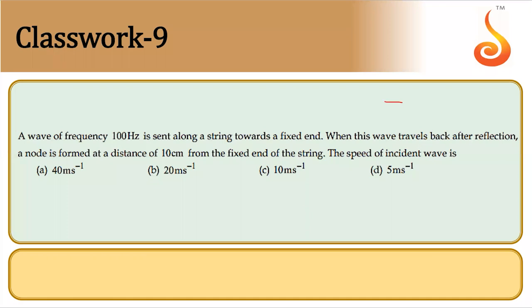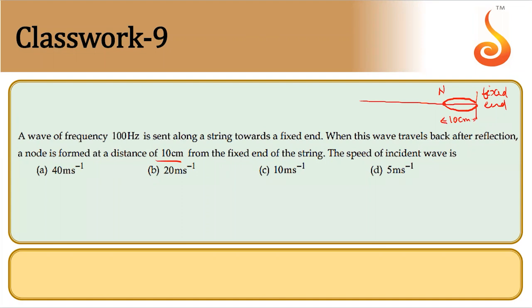So there is a string, wave is sent, and let's say this is the rigid support, and the reflected wave makes a node at a distance of 10 centimeter from the fixed end. This is the fixed end. So a node is formed here at 10 centimeter from the fixed end.